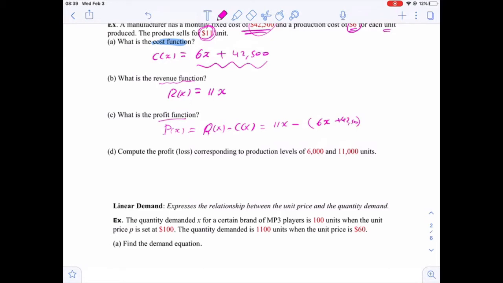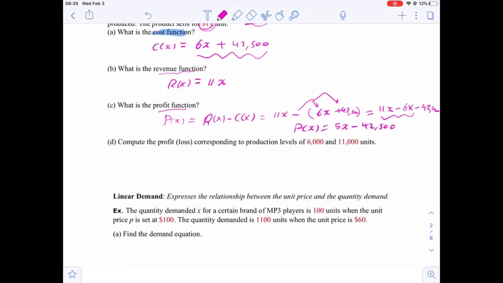And then we simplify by distributing the negative sign to get rid of the parentheses, so we just change the signs of these terms. Then we simplify. We have 11x minus 6x, that's 5x. So P of x, the profit, is 5x minus 42,500.